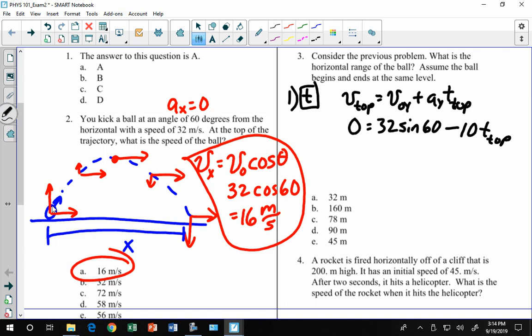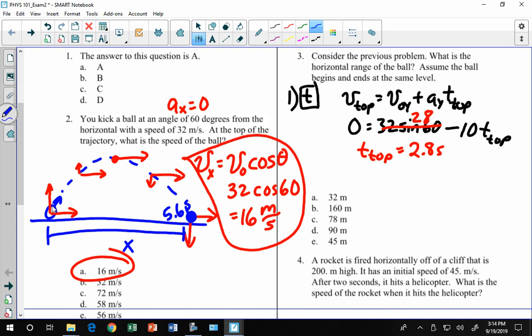I get 28. So this is equal to 28 right here. So t top equals 2.8 seconds. That means that t total, which is the time over here, is going to be 5.6 seconds.